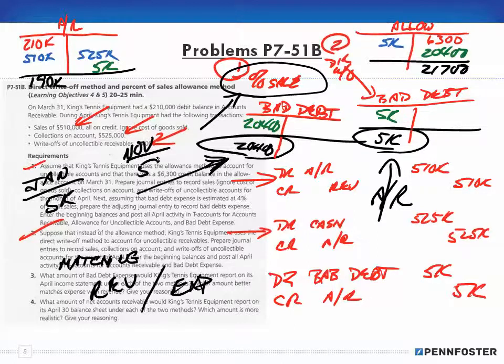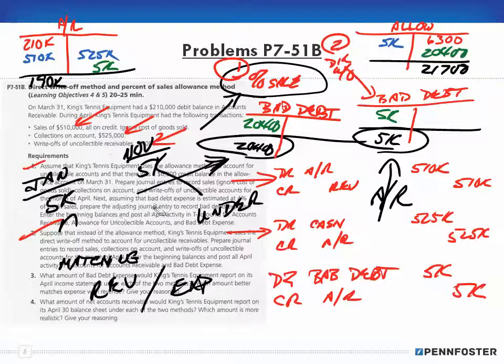Well, what that means is in January, we overstated our revenues, because we didn't have a corresponding expense. And in November, we're understating, because now we don't have the matching revenue, but we do have the expense that we're writing off in November. And that's the direct write-off method.